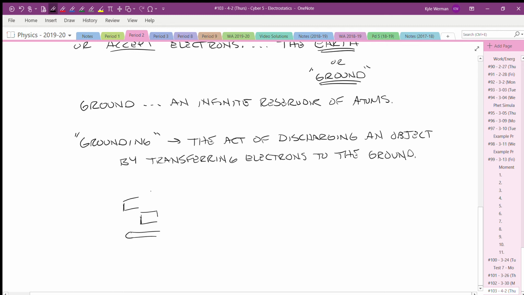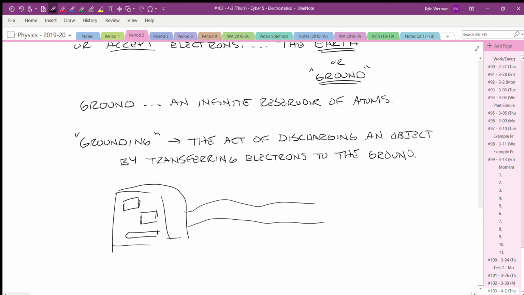Forgive my drawing here; it's not a very good plug. But you've got that third prong, and you've got this wire going through, and you actually have one wire in here, another one going to this metal connector, and you have a third one going to this prong. And this is called our ground wire.